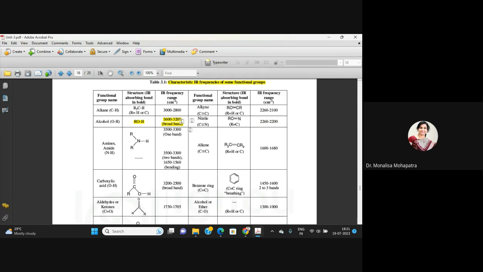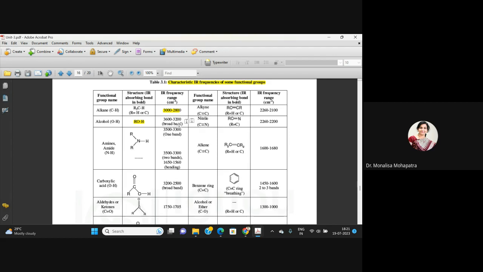If you are expecting an alcoholic group, but you are not getting a peak there and instead get a peak at 3000 to 2800, then you get the information that an alcoholic group is not there. So your synthesis might be erroneous; you have not done it properly.